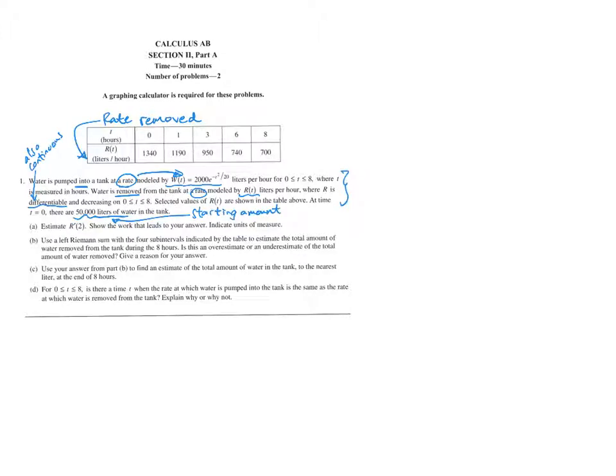All right, question A says estimate R prime of 2. So to approximate R prime from a table, we're going to look at the slopes between two points. And since 2 is between 1 and 3, we're going to look at the slope, the rate of change, between 1 and 3.